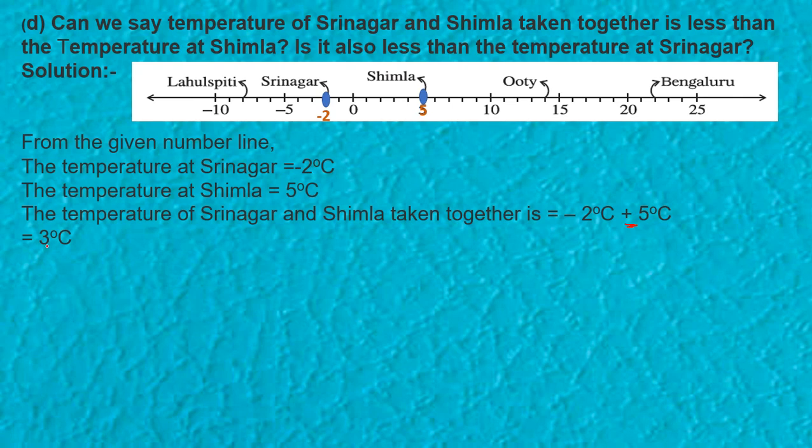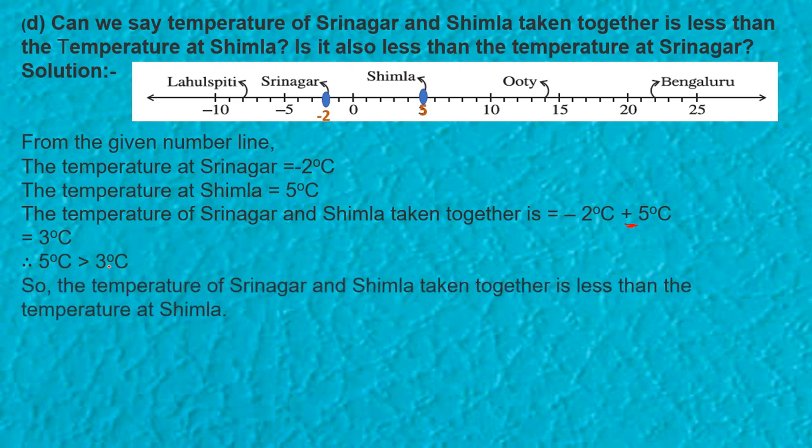Now we have to consider whether it is less than the temperature at Shimla. So now calculate it. The temperature of Shimla is 5 degrees Celsius and the temperature of both the cities together is 3 degrees Celsius. What we can say, 5 degrees Celsius is greater than 3 degrees Celsius. So here we get that the temperature of Shimla is greater than the temperature of Srinagar and Shimla together. So can we say?